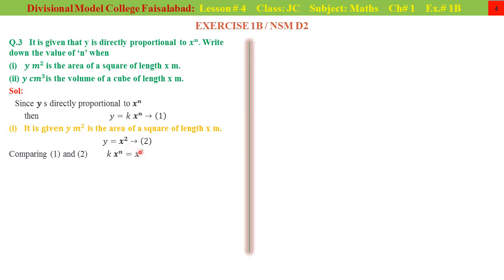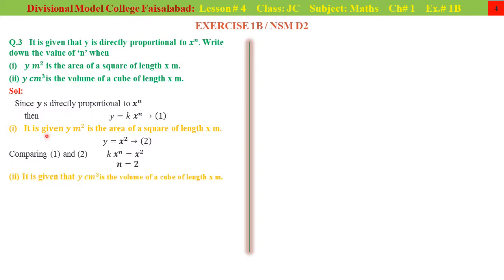Because there is x to the power 2 and there is x to the power n, both will be equal when n is equal to 2. So the value of n is equal to 2 if y is the area of a square of length x in part 1. Similarly, we will solve its second part.